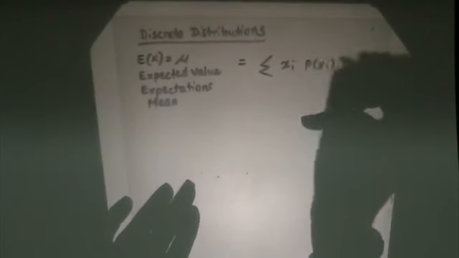These are all different names for the mean, mu. And the formula for these was summation xi, p of xi, i going from 1 to n.